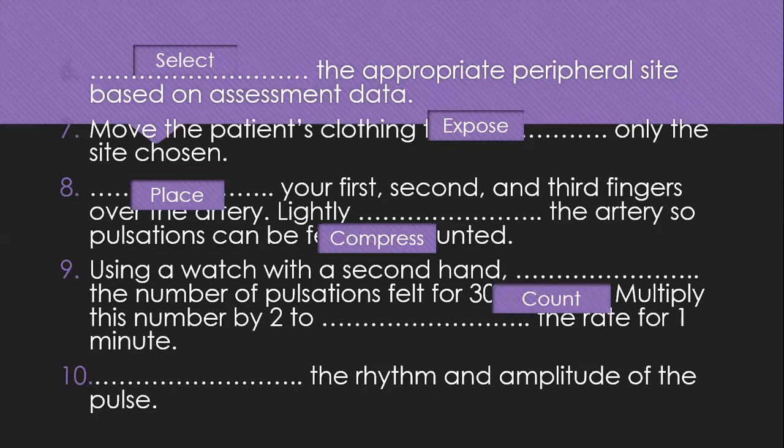Using a watch with a second hand, count the number of pulsations. Multiply this number by 2 to calculate the rate for 1 minute. Jadi cukup melakukannya dalam waktu 30 detik saja, nanti tinggal dikalikan 2. Misalkan selama 30 detik ada 25 beats, berarti tinggal dikalikan 2 saja.